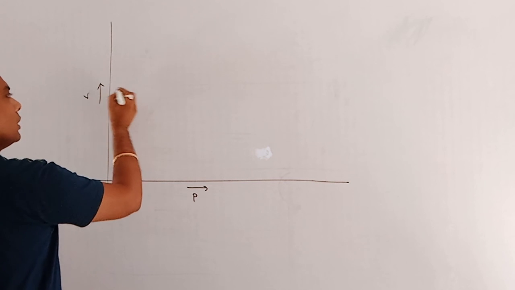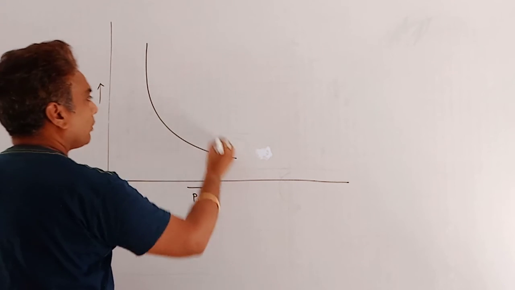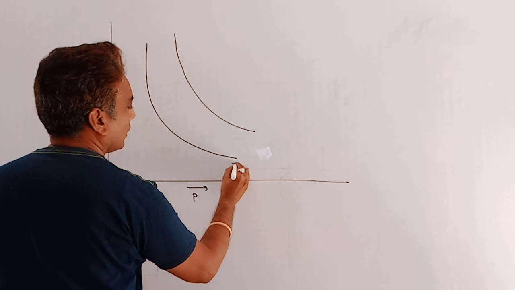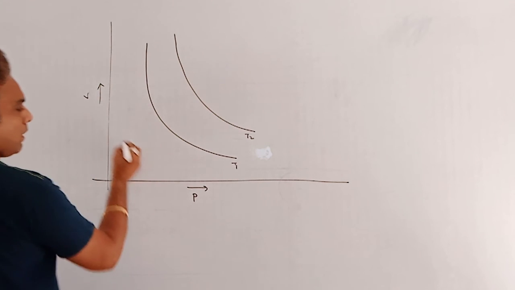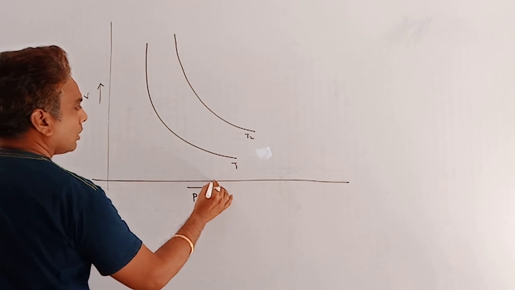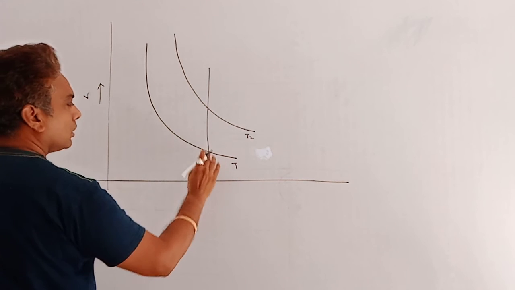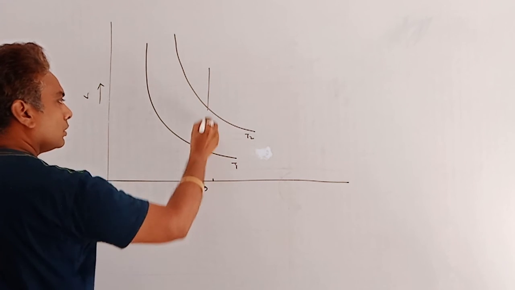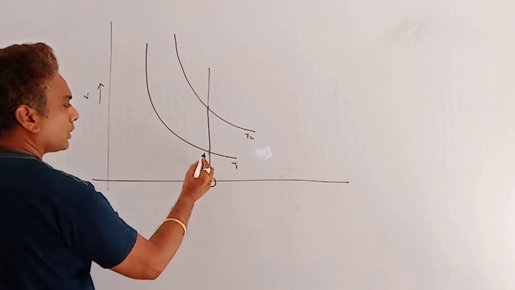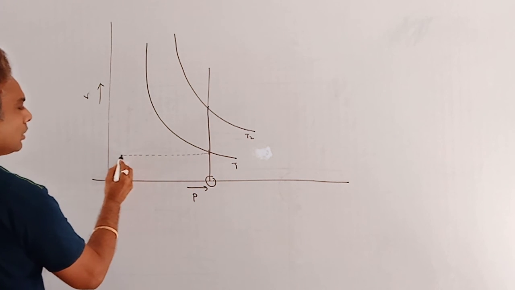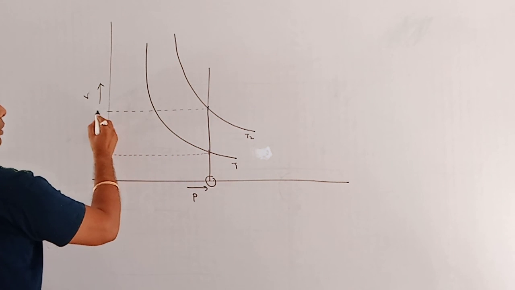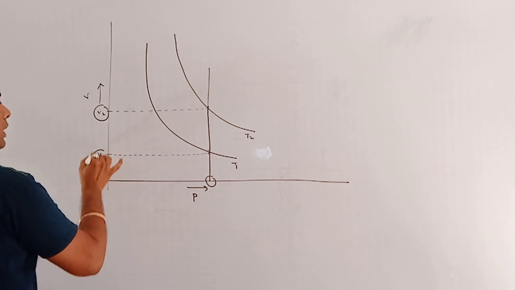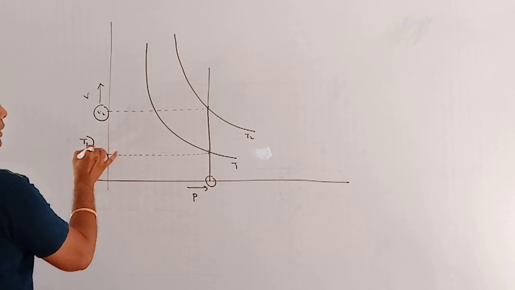Suppose we have two curves at two different temperatures like this. Here is T1, here is T2, and we want to relate T1 and T2. At constant pressure, Charles law, here is the constant pressure, the volume corresponding to T1 is V1 and the volume corresponding to T2 is V2. Since V2 is greater than V1, we have T2 greater than T1.